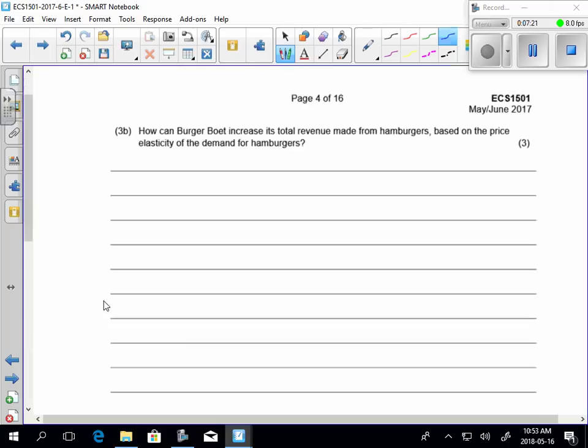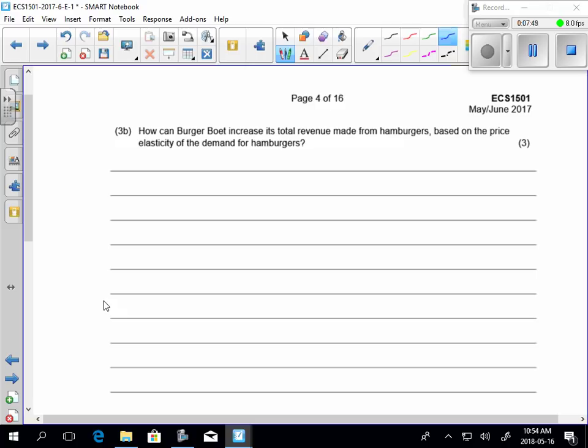How can Burger Boot increase its total revenue from hamburgers based on the price elasticity of demand? Right, so what do you know about that price elasticity of demand? Negative 3.5, which means that when price changes by a certain percentage, quantity demanded is going to change by 3.5 times that percentage. Quantity demanded changes by a greater amount than price. Okay?